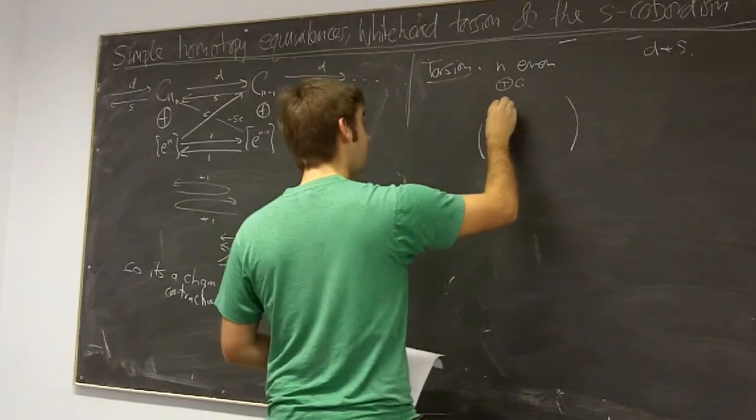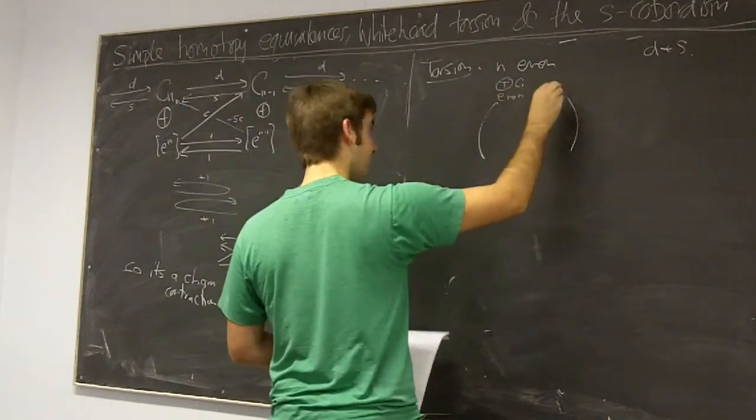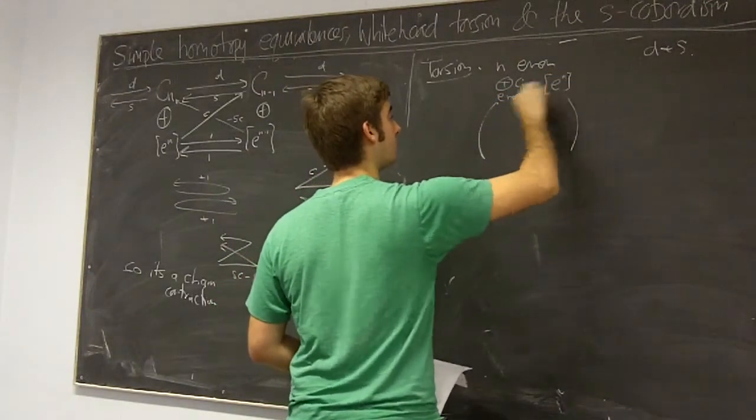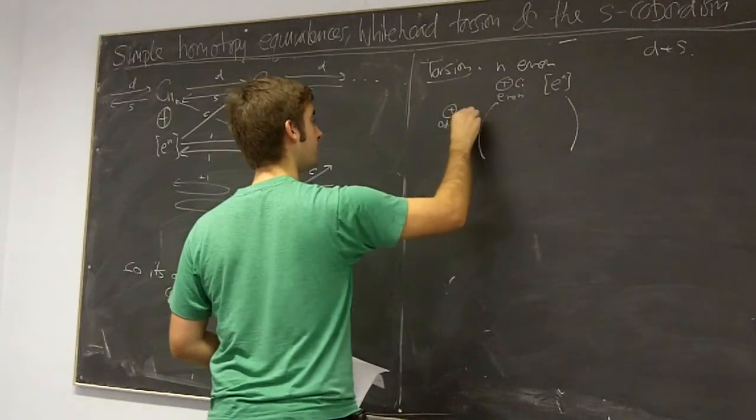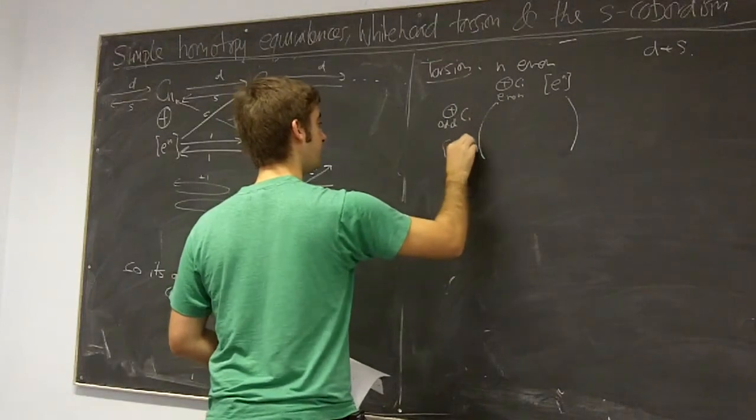So going from the even terms and also e_n, which is even, to the odd terms and e_{n-1}.